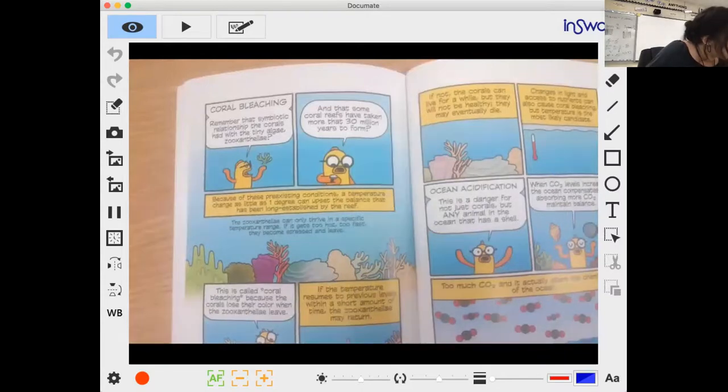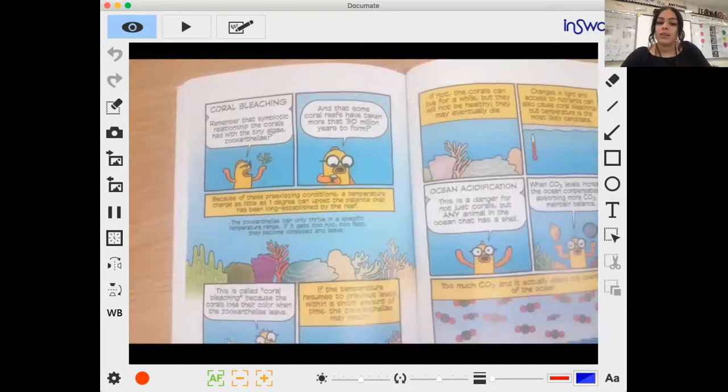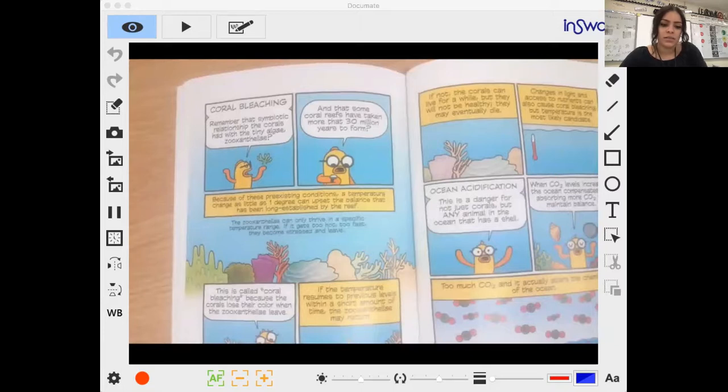So a temperature change of 1 degree can upset the balance that is long established. So we have temperature changes in the oceans, because they're used to a certain temperature. That makes sense.